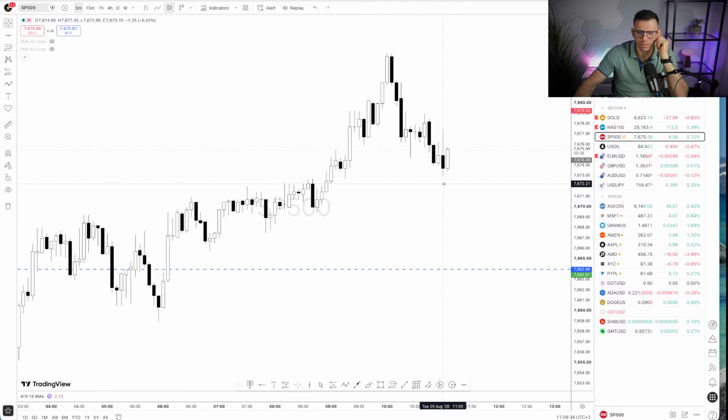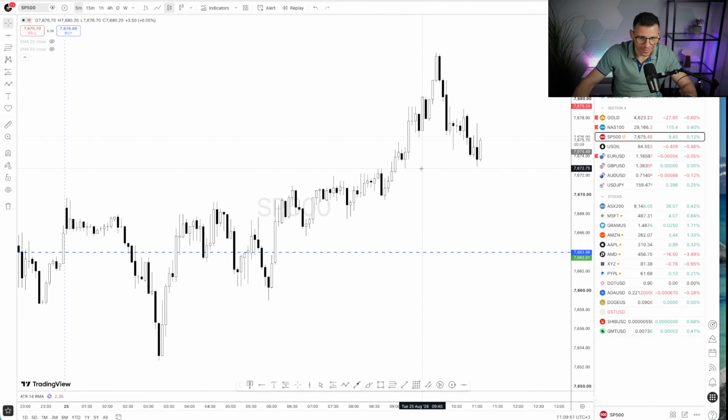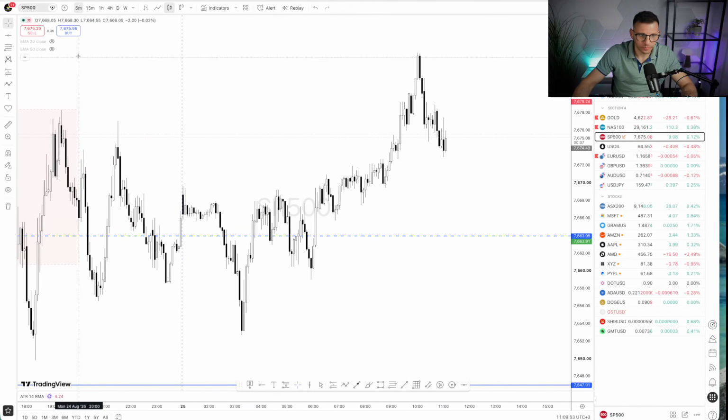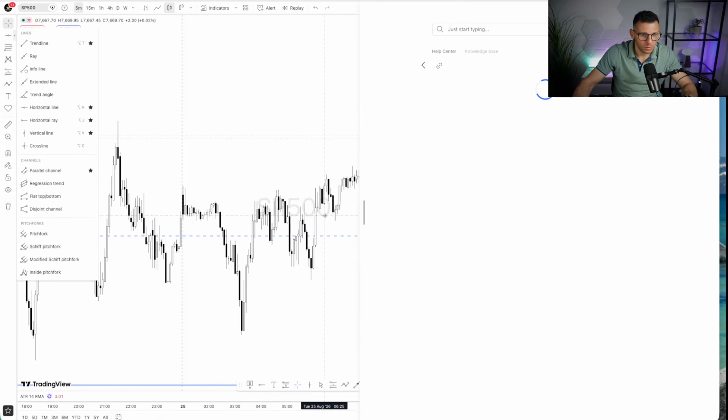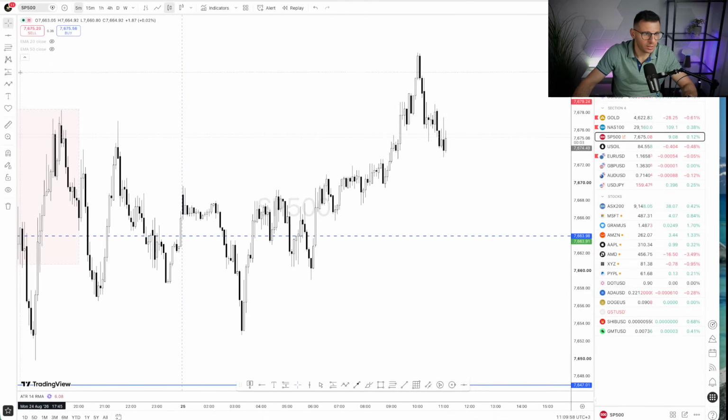This bearish engulfing didn't follow through here. I kinda like this one. I kinda like this stuff here.